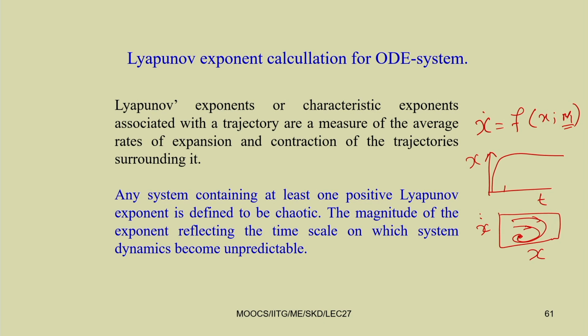Similarly, in case of periodic response or the limit cycle, for example in the Van der Pol oscillator, wherever you start, if you start from the inside point it is going to this point, and if you start from outside, it will also go to this point. So, always it will go to this point in case of fixed point and periodic or quasi periodic response.